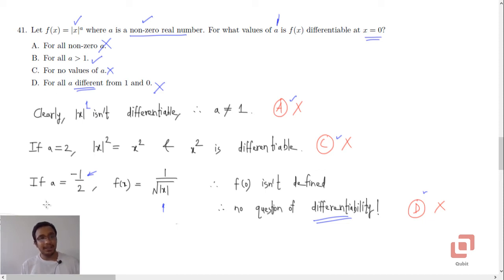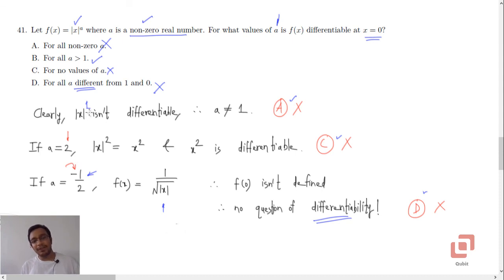It is a very crucial part to choose the values of a to eliminate the options. The first choice of a was pretty obvious because of the presence of mod x, because we know that it is not differentiable at 0. And then these two choices are very crucial as far as the problem is concerned: a equal to 2 and a equal to minus 1 upon 2.